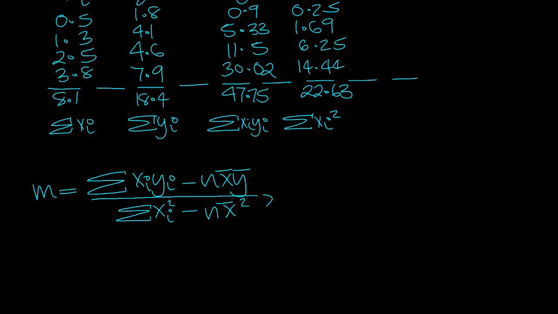So it's a summation, 47.75 goes in here, minus N. Well, there's 1, 2, 3, 4 data points, so N is 4. So I'll put that in there and there.